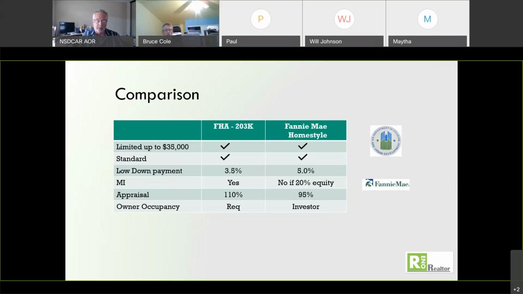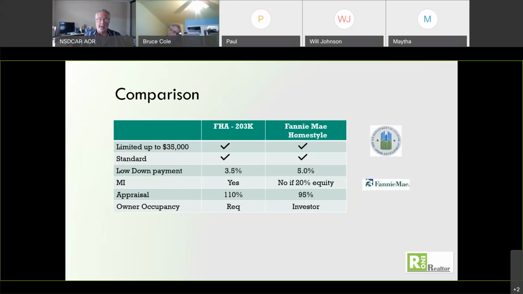The appraisal, what's interesting is the FHA offers 110% on the appraisal. So basically what that means is your budget amount, your purchase plus your construction costs, can go 10% over the appraisal amount. So that's one advantage with the 203K. This can also be a strategy if you ever run into a scenario in your other transactions where the appraisal comes in over the offer amount, the loan amount.